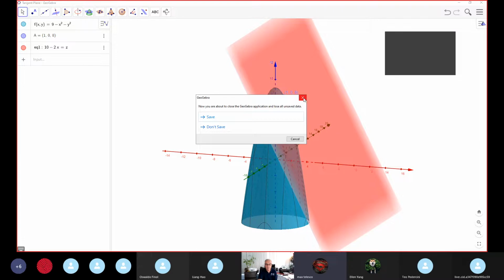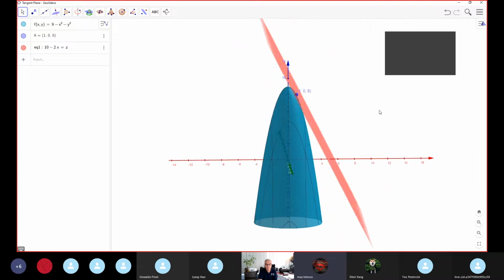I don't understand. Does z equal L of x comma y? What part don't you understand? Let's come back to the whiteboard. Let me try again.